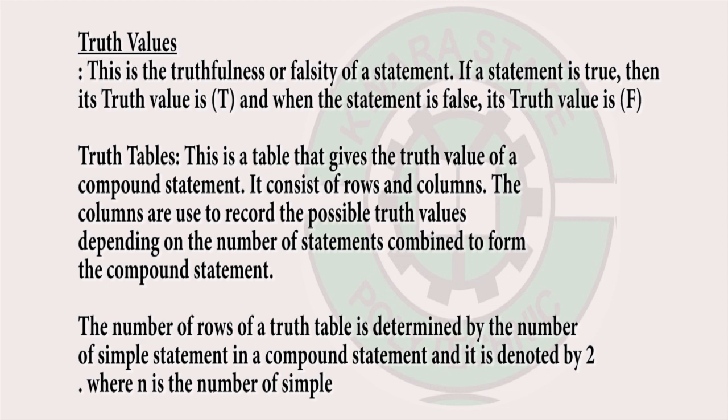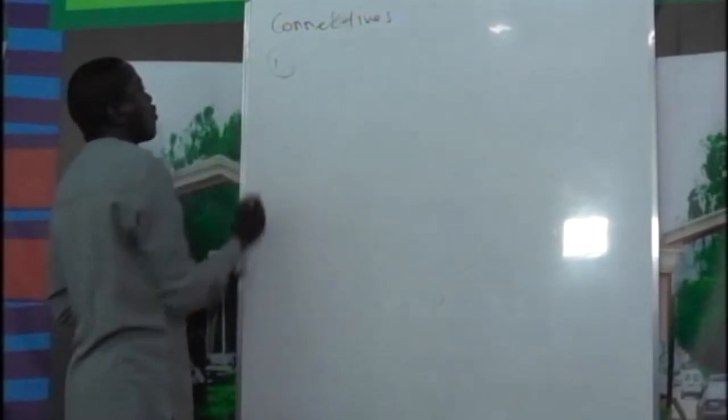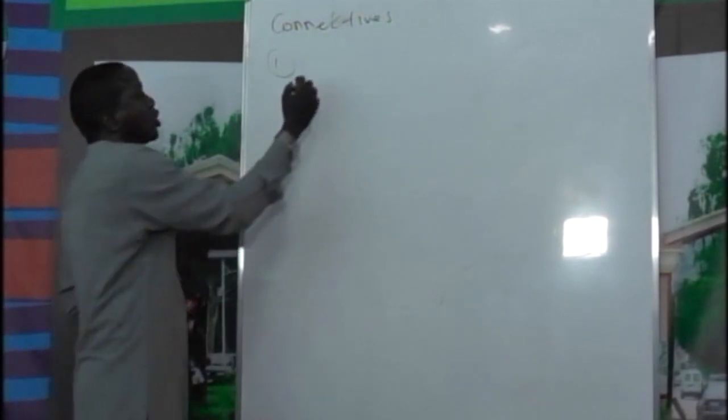So now, the other one is truth table. On this truth table, when we get there, we'll be using a table to explain what we have been doing so far. So when I mentioned connectives the other time, number one of connective is conjunction.